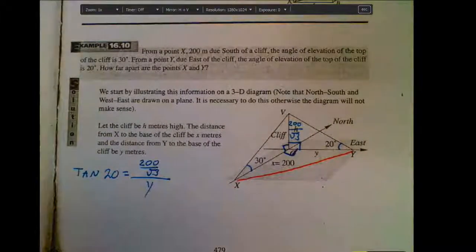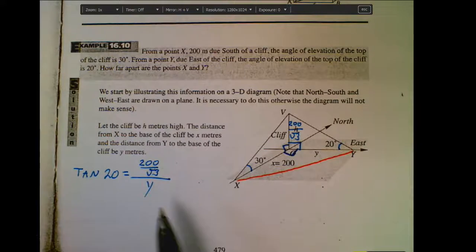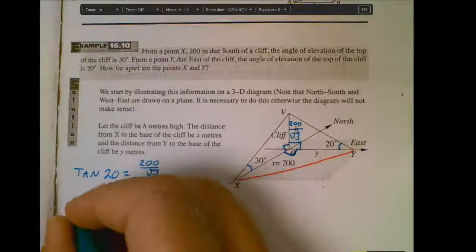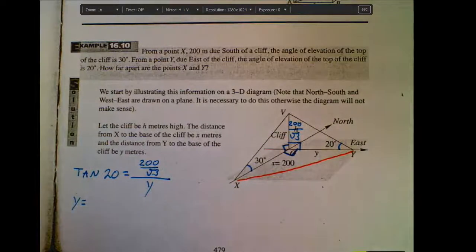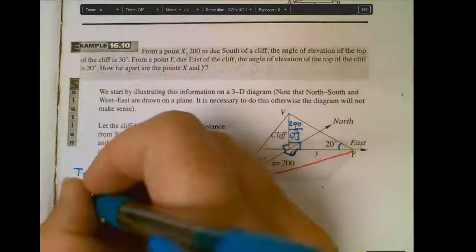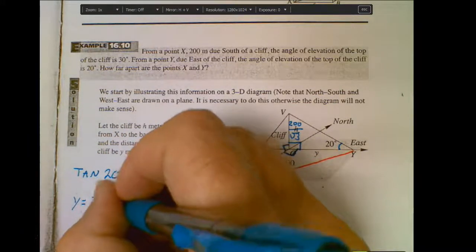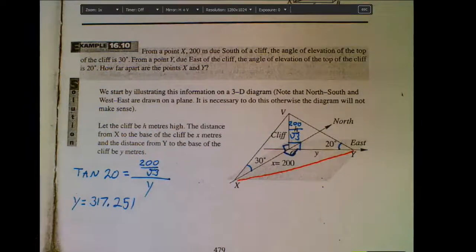We can use that setup to now solve for my y value. If you were to plug that into your calculator, you would get the y value, which equals about 317.251. Remember, it's always best to go a little deeper with your decimals until you're done with the problem. So I'm not rounding to 3 sig figs until the very end. That way I get a more accurate answer.